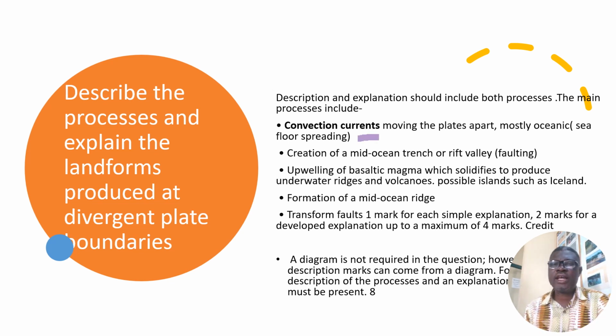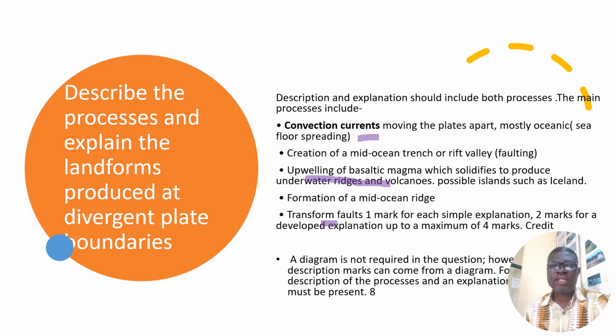In all cases, don't forget the role played by the convective currents. They are very important. Now, the creation of the mid-ocean ridge or the rift valleys involves the upwelling of basalt. Basalts are a form of igneous rock, formed from magma solidification.